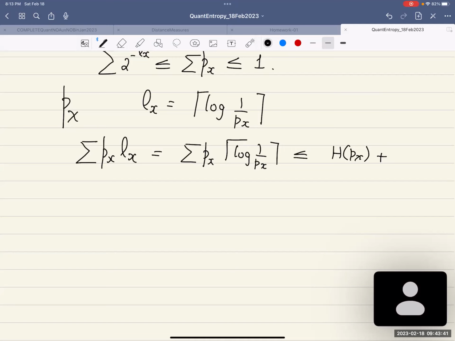I would be interested. Niranjan is saying it is at most H of X plus 1. I think it is true, but I don't know how. I have seen the inequality before. Yeah, me too. So let's see. Oh yeah, you're right. He's right. It's simple. We should not have thought so much. Px times log 1 by Px plus 1, right?